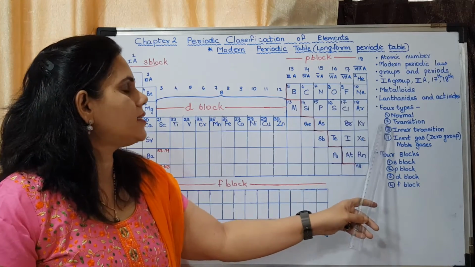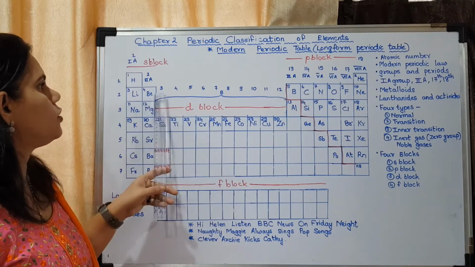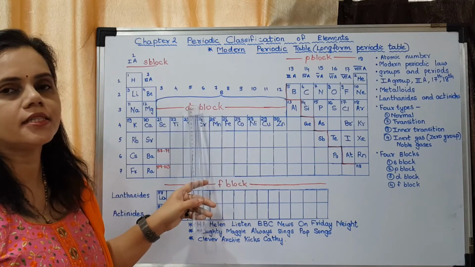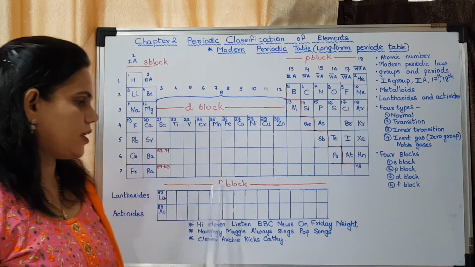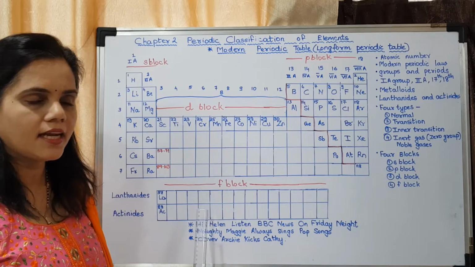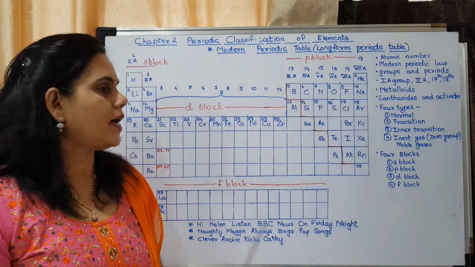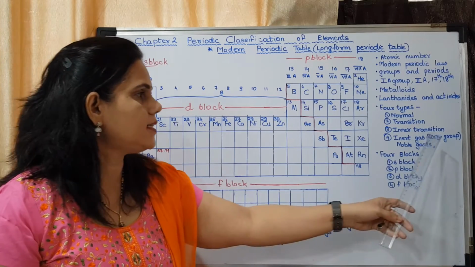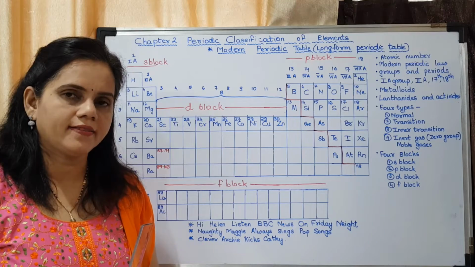Transition elements are the ones in the D block, the group 3rd to 12th. Inner transition elements are the lanthanides and actinides. And the ones in the 18th group are called inert gases, zero group or noble gases. Hope you have understood.